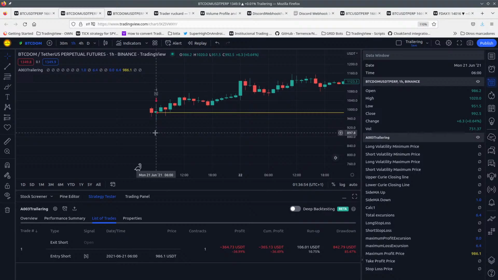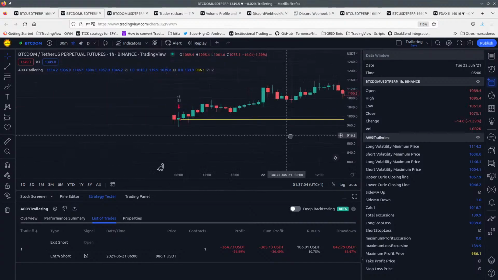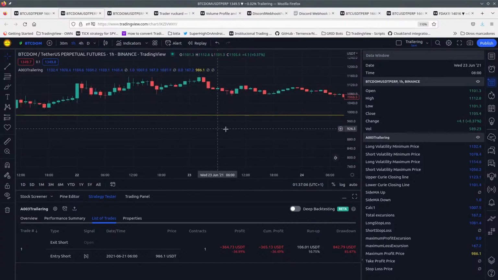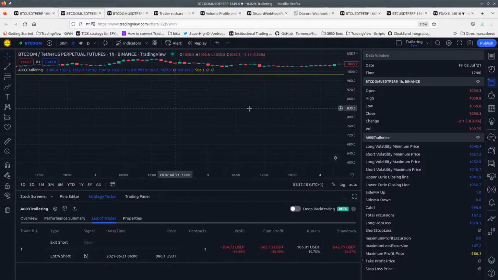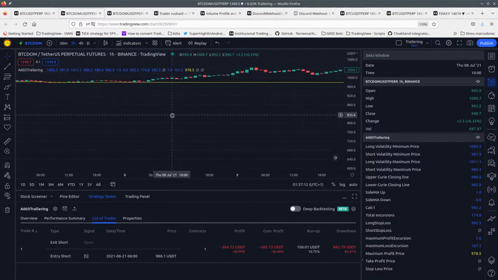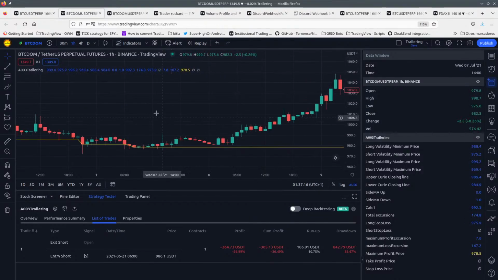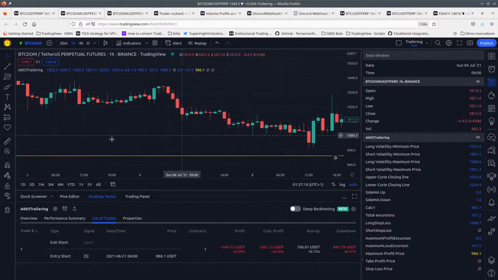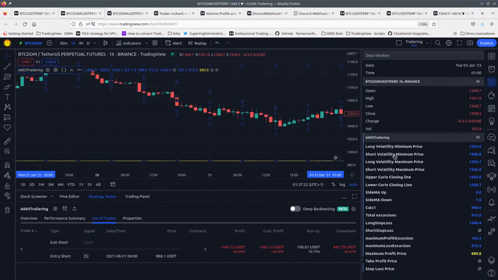This is 1 Bitcoin or whatever. Take profit price, stop loss price is 0. Here we have this maximum stuff, I guess, which is whatever. Then this is reached, but we don't see the green one or the red one, which we don't know why.